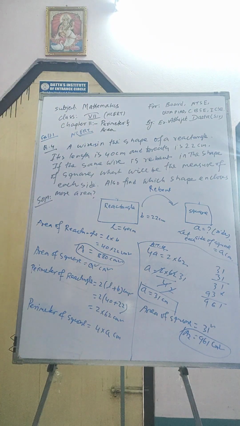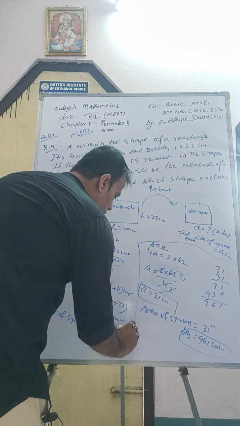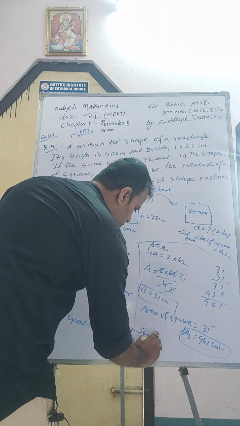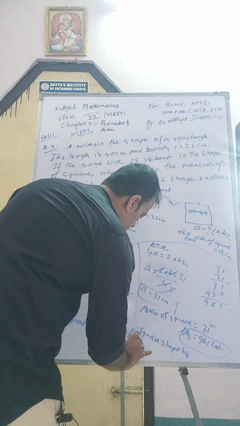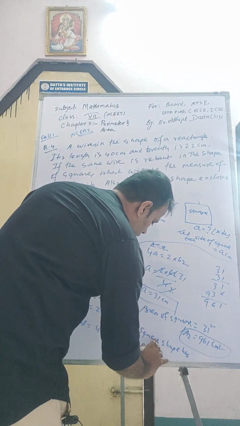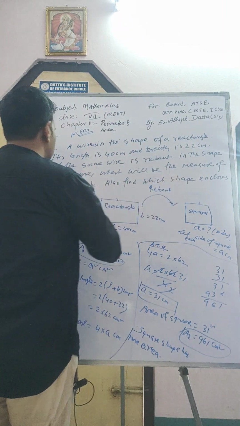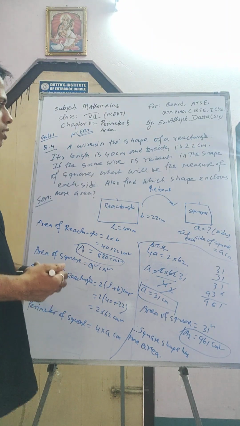So the square shape has more area. Find which shape encloses more area: the square shape encloses more area. Got my point?